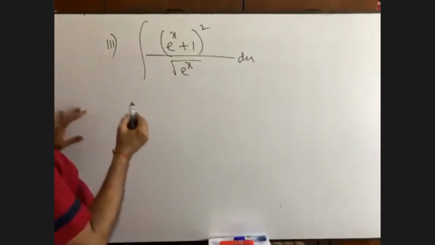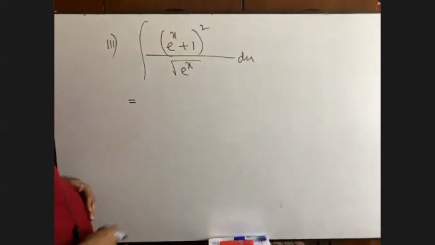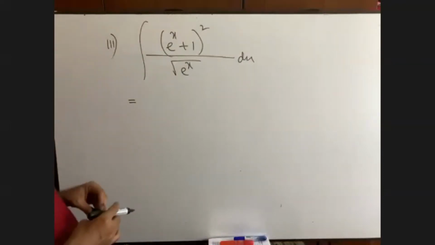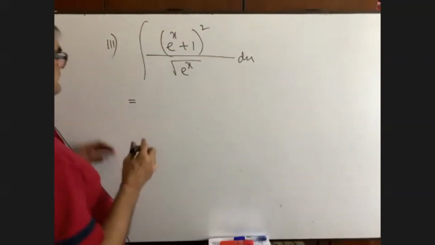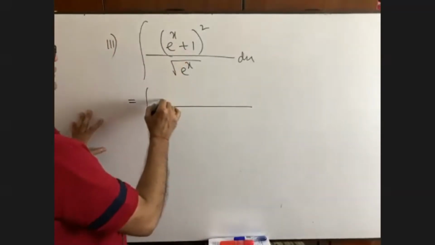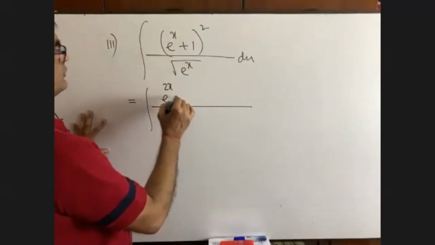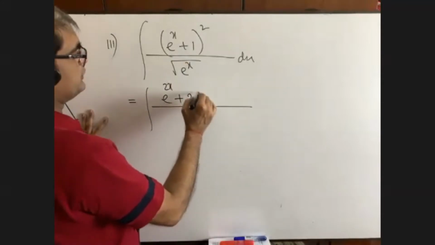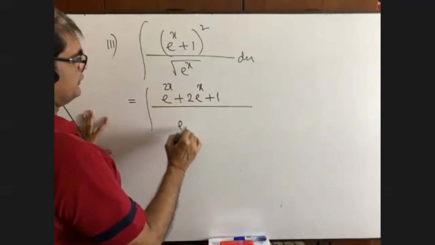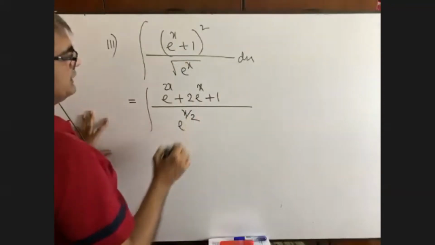So what will be our function? Let me know. It is e to the power 2x plus 2 e to the power x plus 1 by e to the power x by 2. Is it or not?